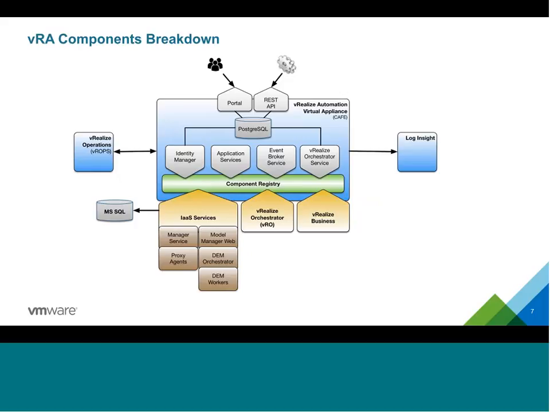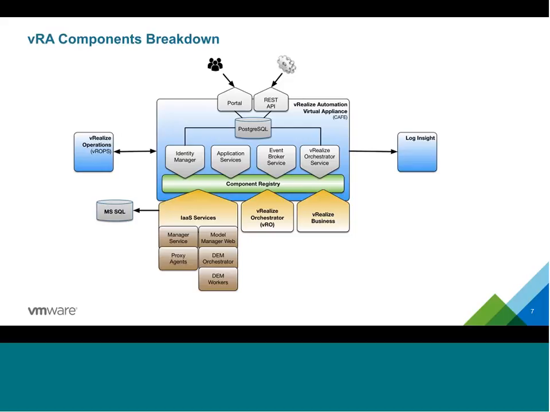As you can see, we have a few external components as well, like Log Insight and vRealize Operations, which you can integrate with VRA, and then vRealize Business is also there. You would need a SQL database as an external database for IaaS services, whereas the VRA or Cafe appliance has PostgreSQL as the internal database.